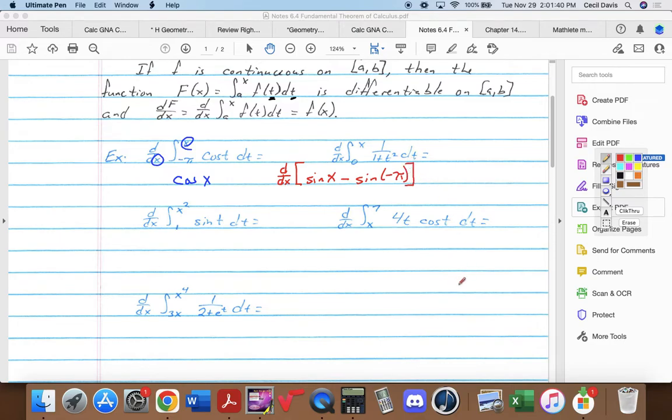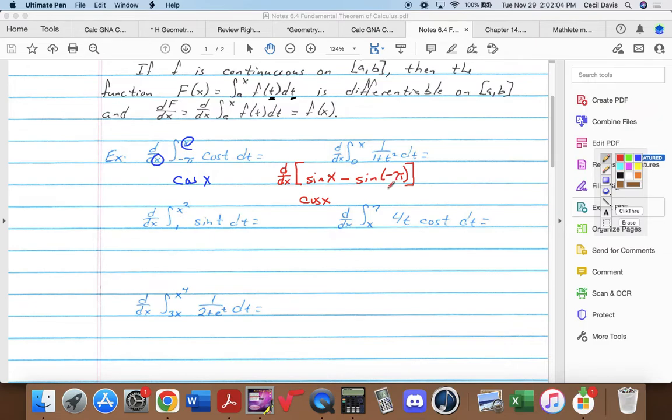Right? What's the derivative of sine of x? It's just cosine of x. And sine of negative pi, even if you don't know what it is, it's not important because sine of pi is some constant, right? It has some constant value.